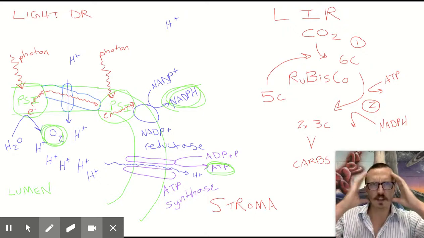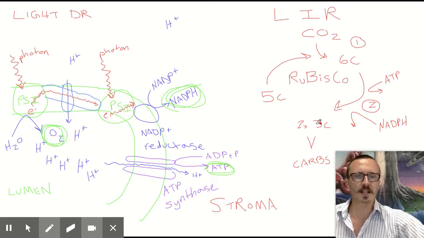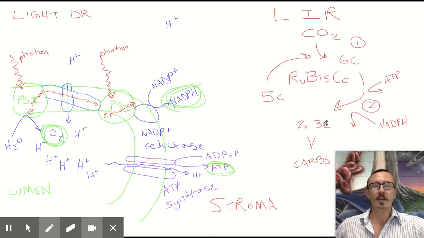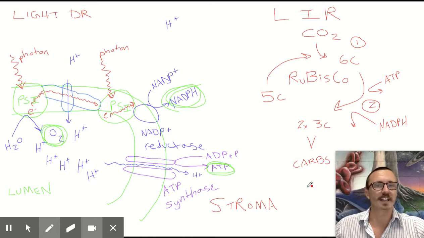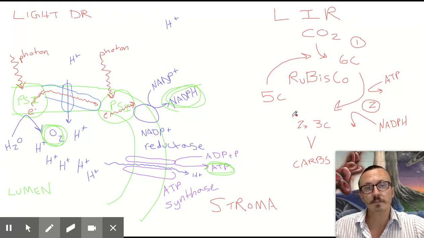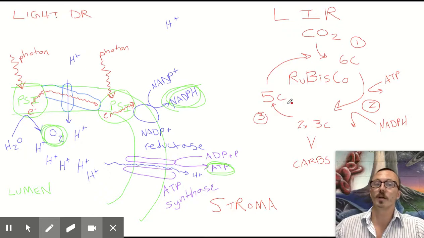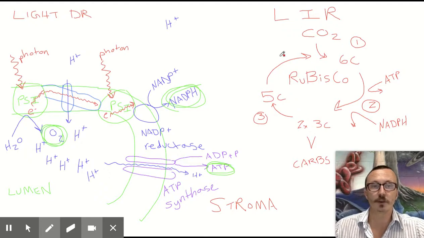But right now, we're just going to think that these are going to be used to form glucose. And that makes sense because if you take 2 3-carbon sugars and add them together, you're going to get glucose, C6H12O6. Now, not all of these little 3-carbon chunks will be used to make carbs. Some of them get recycled back into that 5-carbon sugar that is needed for this whole reaction to take place.